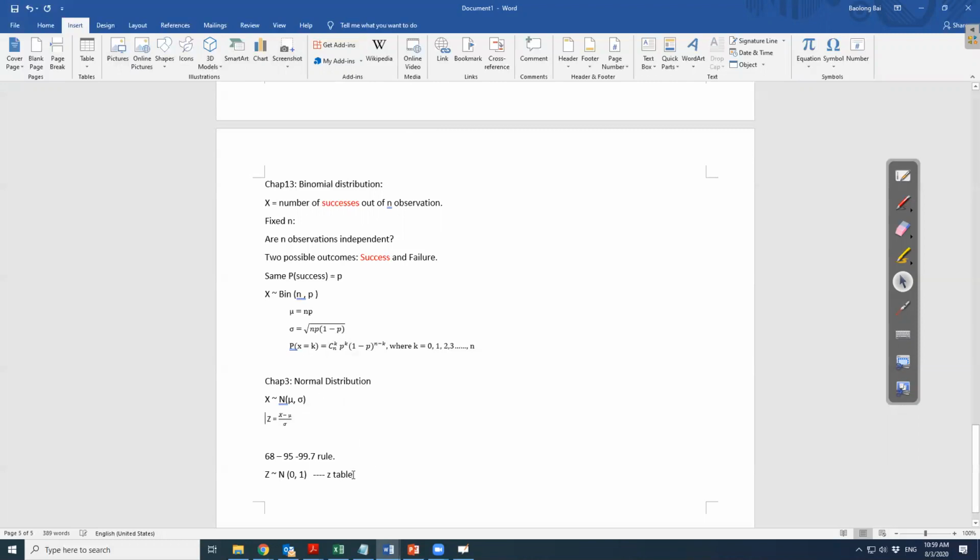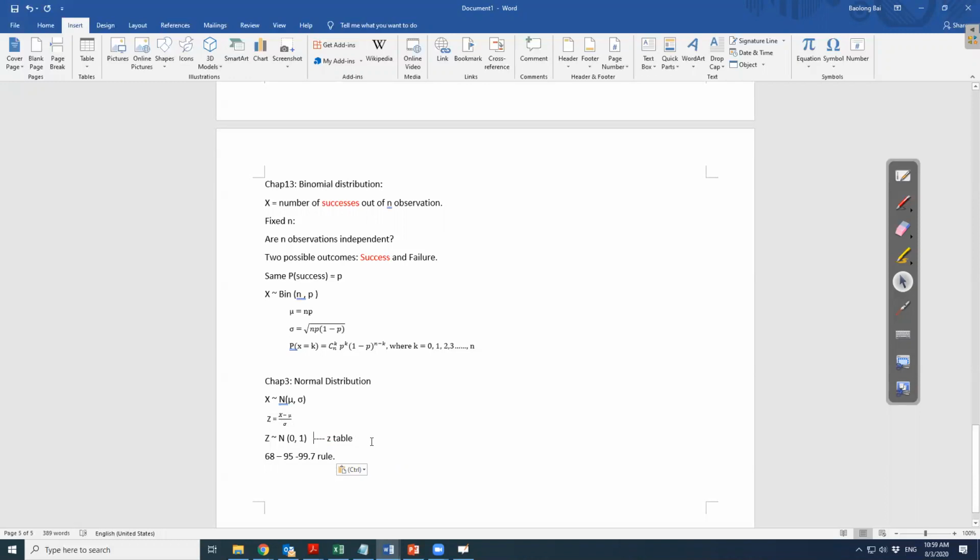So from here, all the x values will be standardized into Z. And then you can use the rule if the condition is met. That's the case. So basically that's it.